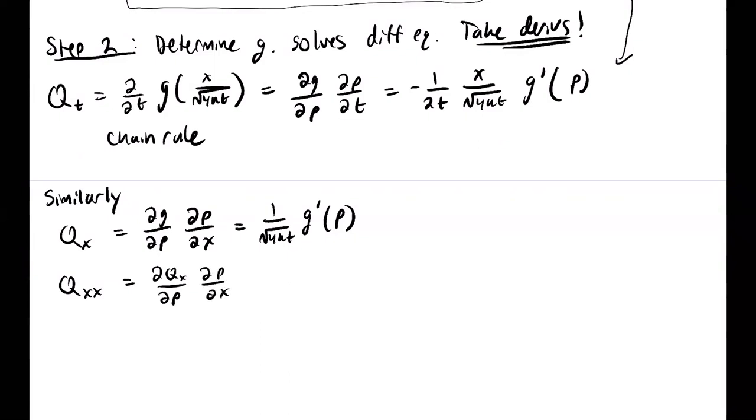And so this has the effect of giving you a second order derivative of g, and then multiplying again by this thing that we got over here. So this is going to be 1 over 4kt times g prime prime of p. And so therefore, if I multiply k times q_xx, which is what shows up in the PDE, I get 1 over 4t times g prime prime at p.